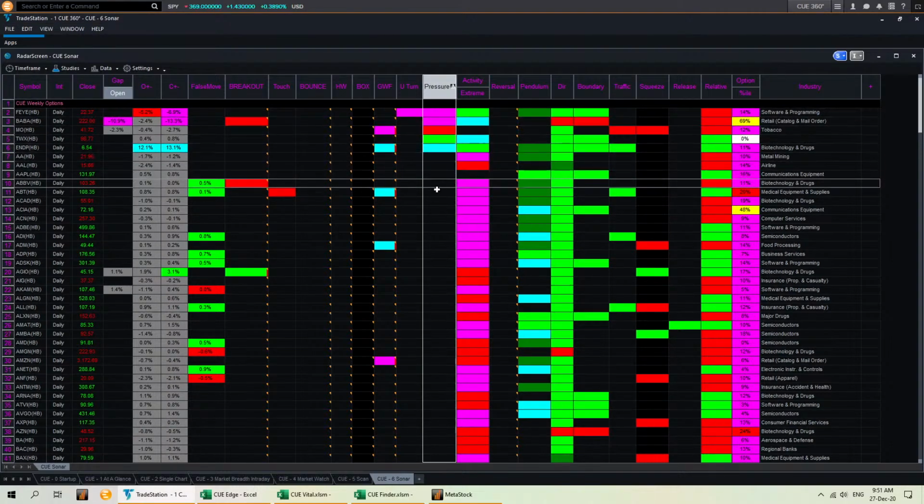So if I double click again, in this list of stocks, 3 stocks moved down with significant bearish pressure and 2 stocks moved up with significant bullish pressure. Again, cyan is the most extreme bullish side, then green, and magenta is the most extreme bearish side, then red.